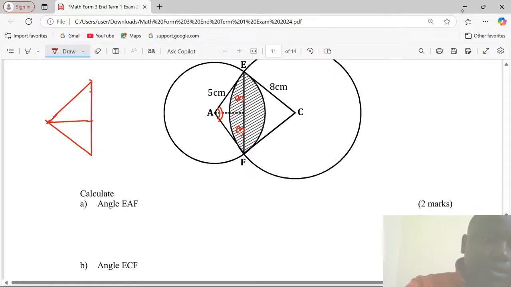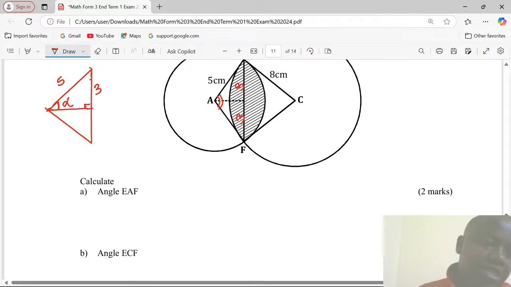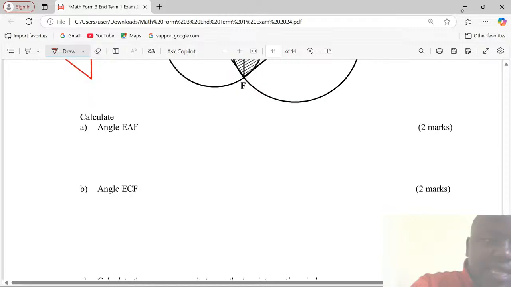So this is right angled. This is 3, and this is 5. So what about the angle at this point? We apply a ratio that we call sine, and say that the sine of alpha equals opposite over hypotenuse.